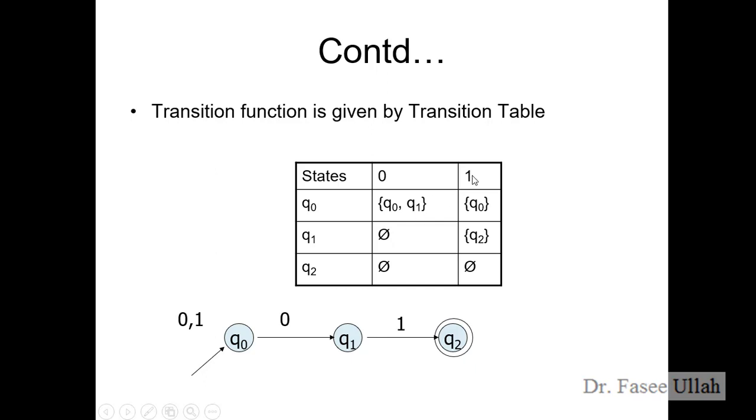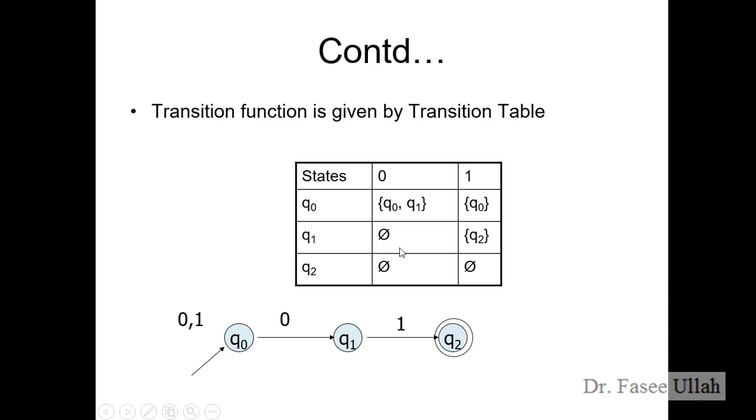If we see the transition value 1 between this and this, we also have a transition for Q0 on 1, which is repeating itself. So we put Q0 inside the Q1 entry. Same for Q1: for Q1 on 0, we do not have any transition, so we put it empty.